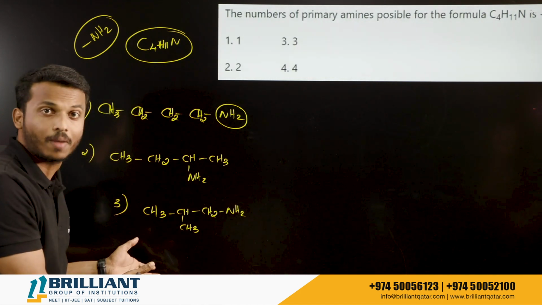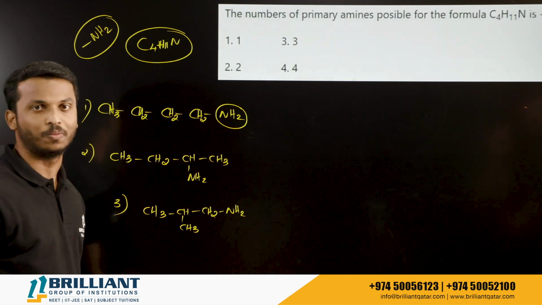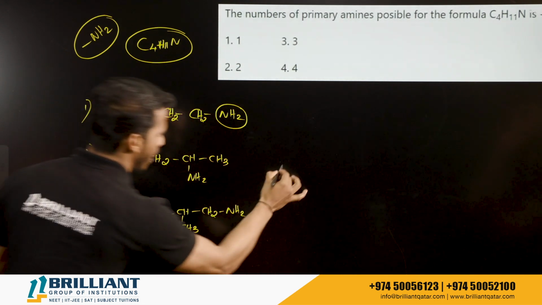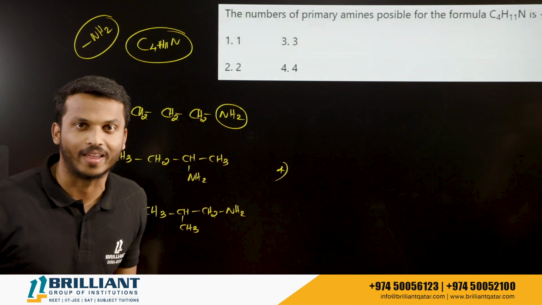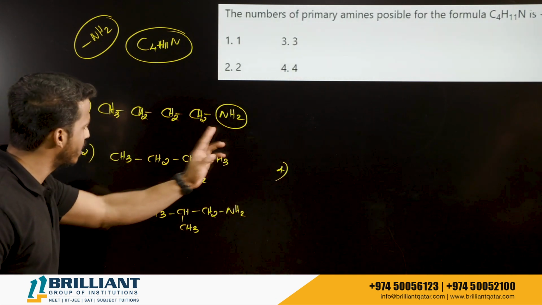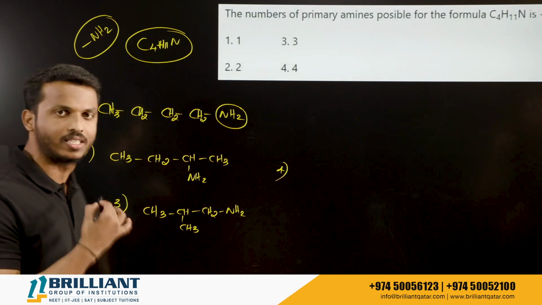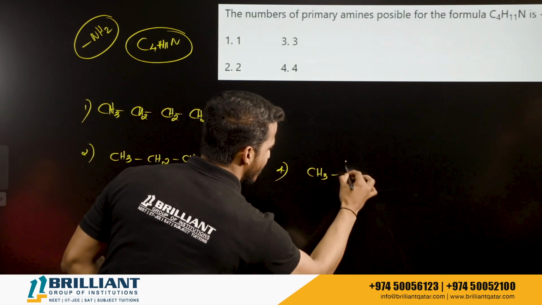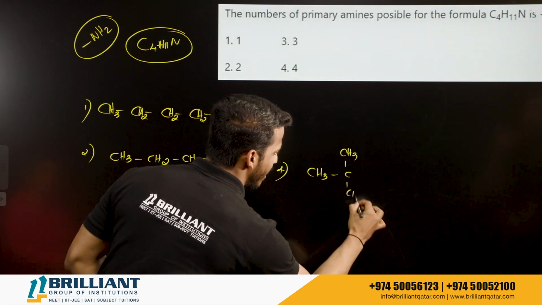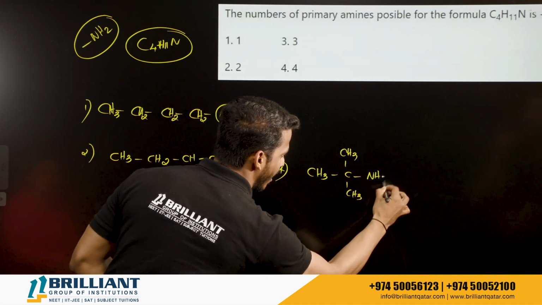This is also 4 carbon, 11 hydrogen and an NH2 group. Any other structure possible? Yes, there is one more: CH3, CH3, CH3 and then one NH2 group.